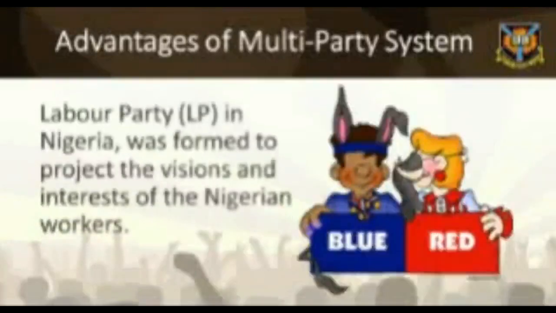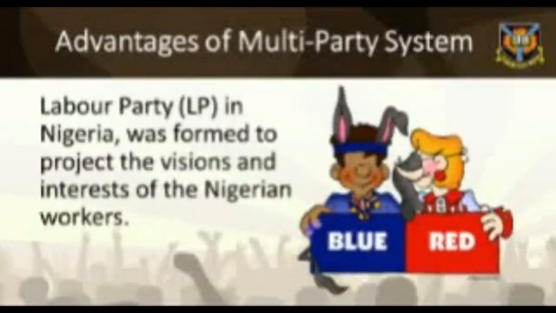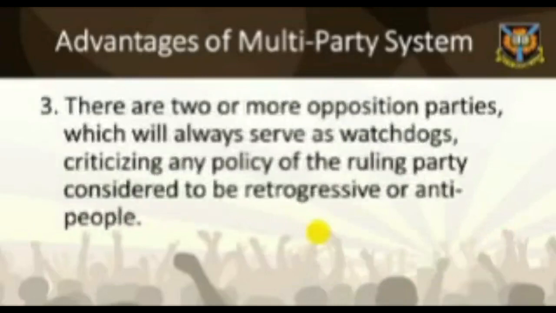That is why we now have Labour Party, LP, in Nigeria, to protect the vision and interests of the Nigerian workers. Thus, the party never did badly in the 2007 general elections in Nigeria, but the party is not yet popular among the Nigerian workers as expected.